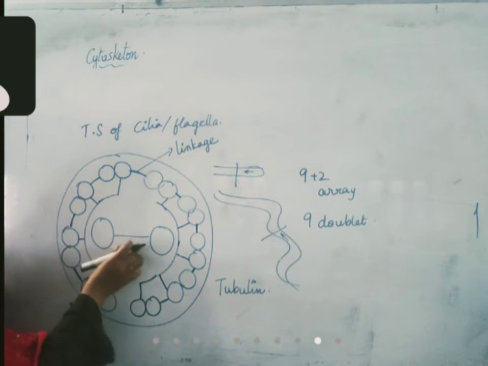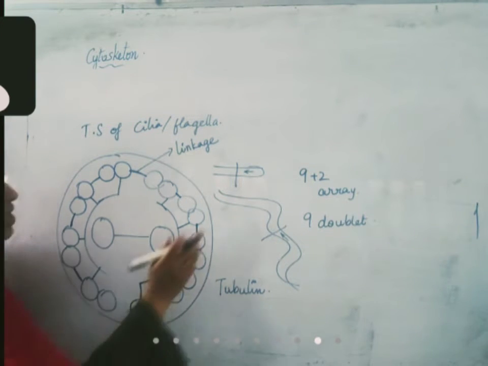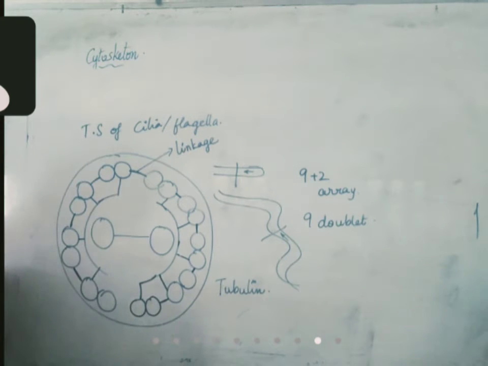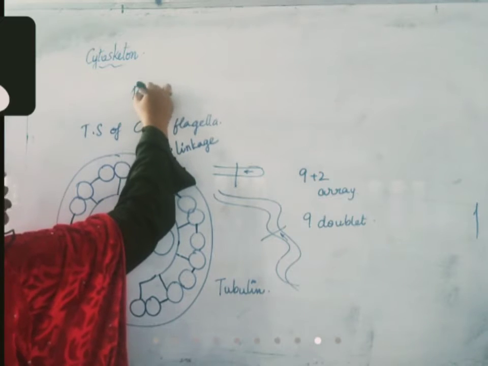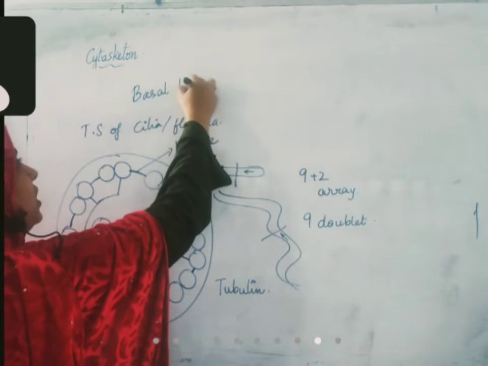This type of arrangement is the 9 plus 2 array, and both cilia as well as flagella have this 9 plus 2 arrangement. Cilia and flagella are formed from cytoplasmic structures called the basal body.